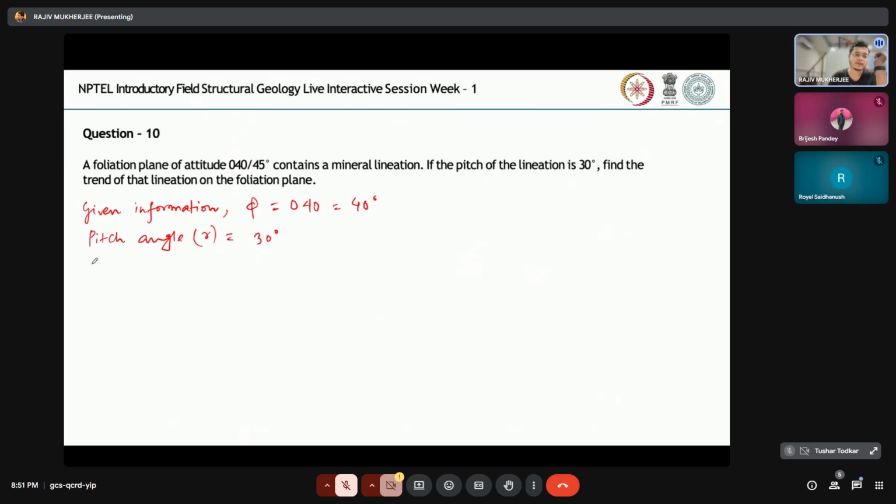We have the dip angle of the foliation plane delta, which is 45 degrees, right? And we have the strike, and we have to calculate theta, which is the trend of the lineation, right?